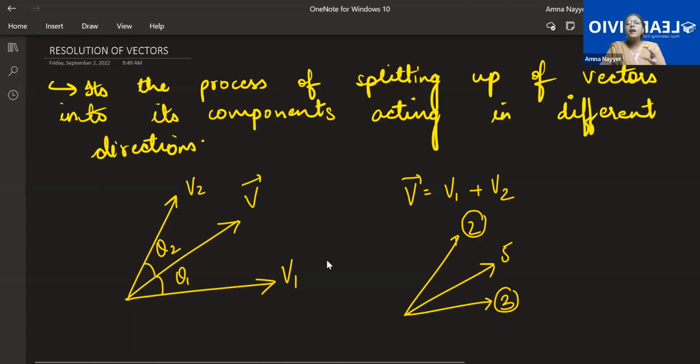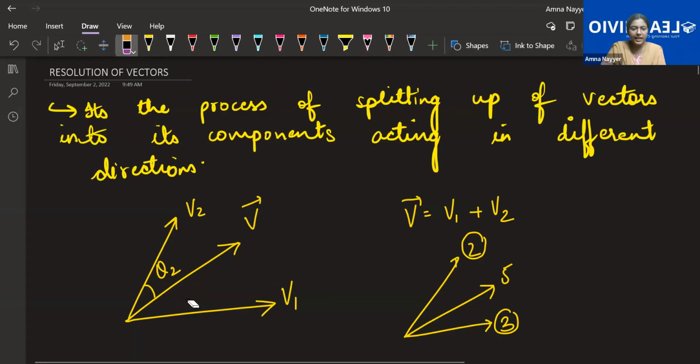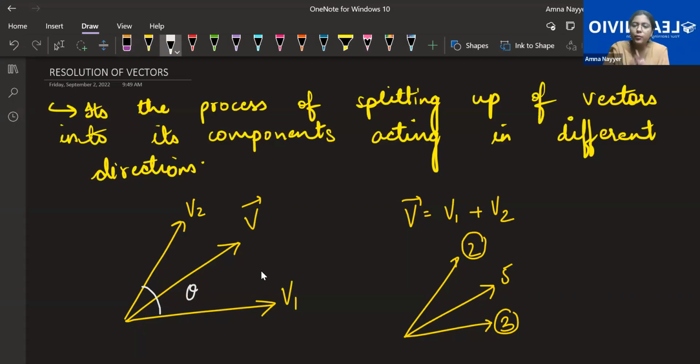Now, if I write this θ2 and this θ1 as one complete angle theta, that means the angle between both the components V1 and V2.